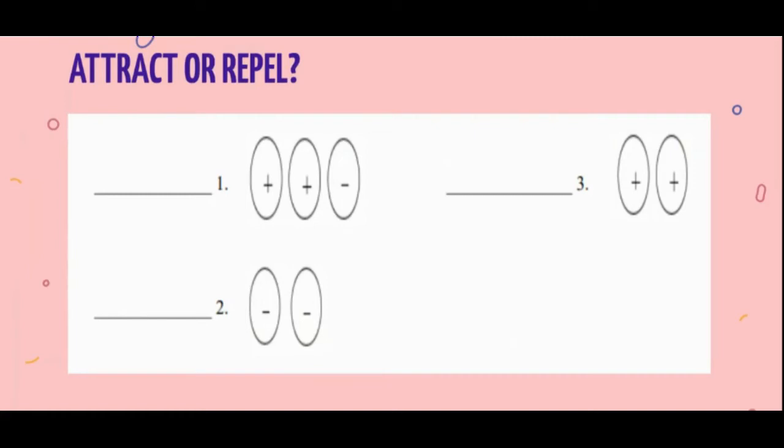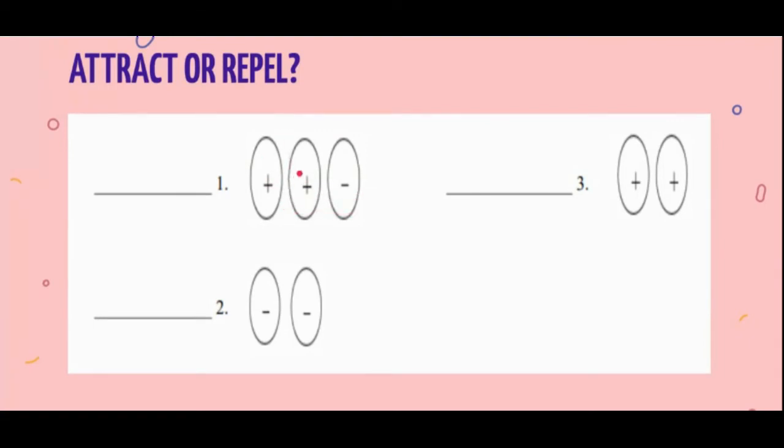In the first picture, we have two positive charges and a negative charge. The second picture, there are two negative charges, and the third picture, there are two positive charges. Now, what happens in picture number one? Will the charges attract each other, or will they repel each other?